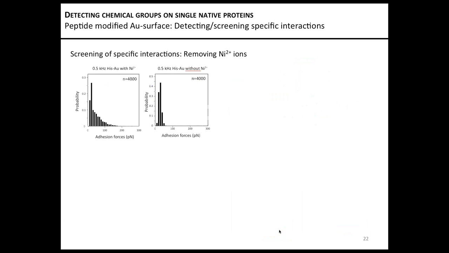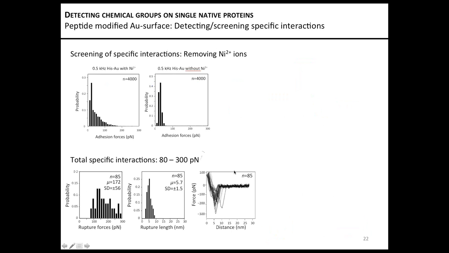So this is the first indication that suddenly our specific interaction is available due to the longer contact times. A second test is, of course, to screen these specific interactions. If we measure with the nickel in the solution and with the nickel not being in the solution, we see immediately that we are again reduced to non-specific interaction forces.